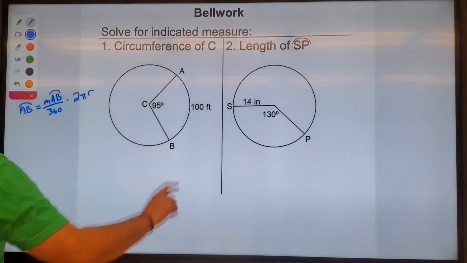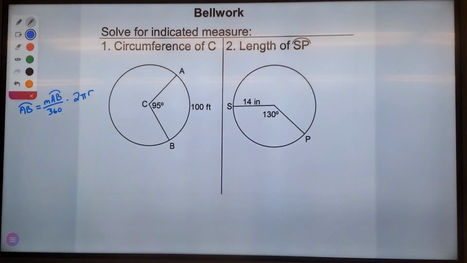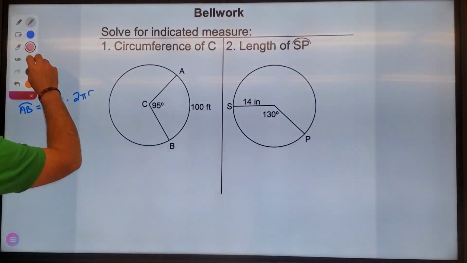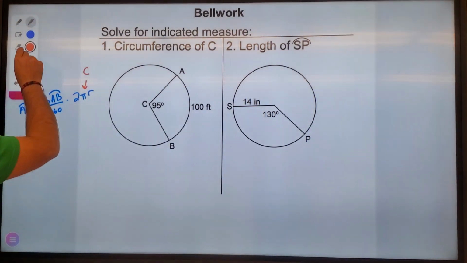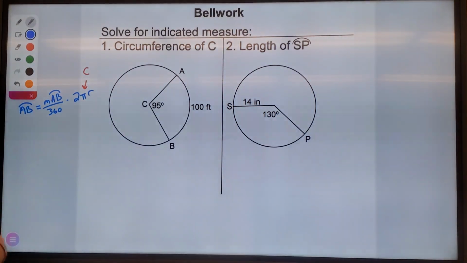So notice that we're looking for the circumference. So as I did with the previous video, I'm going to replace this with C, because again, that's what we're looking for. All right.